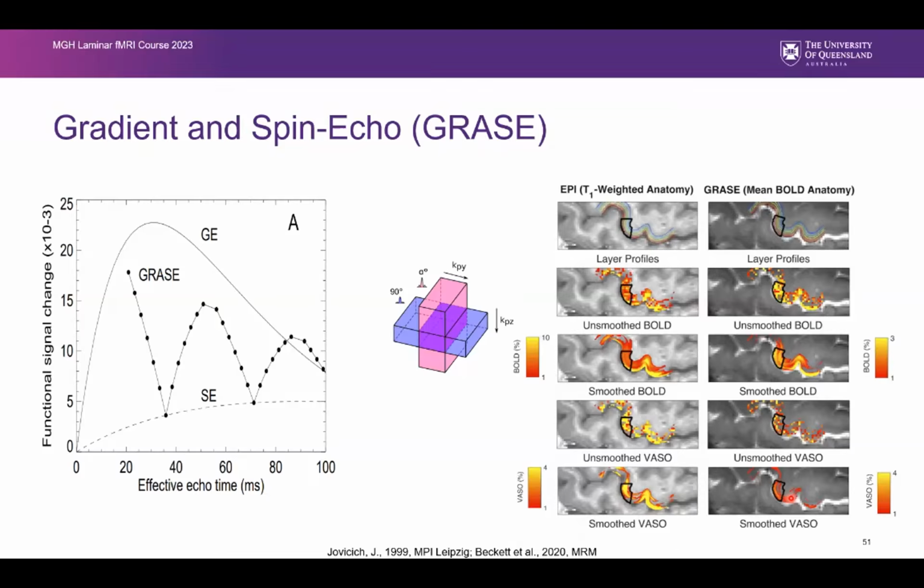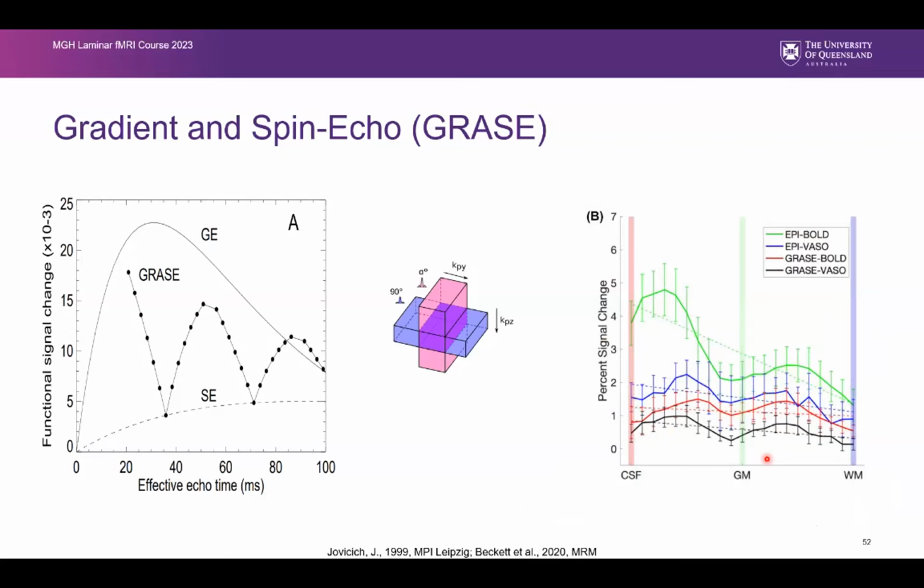But you can also see that the signal change goes down and down and down. So here we are between 1 and 10% signal change. With GRASE, we're between 1 and 3, and for RASE, it's between 1 and 4. So the moment you add something to a sequence, that usually means you're losing some sensitivity.